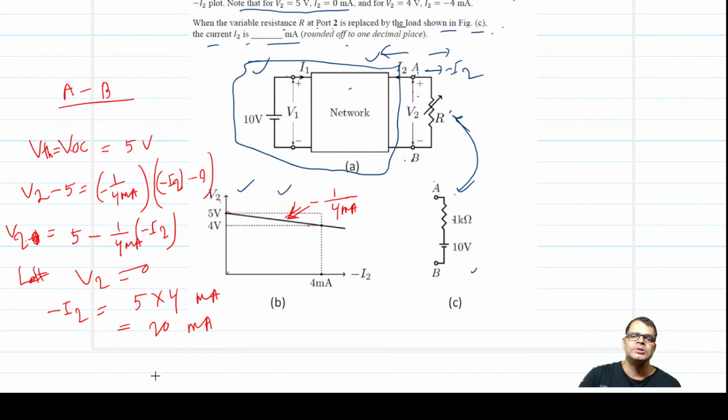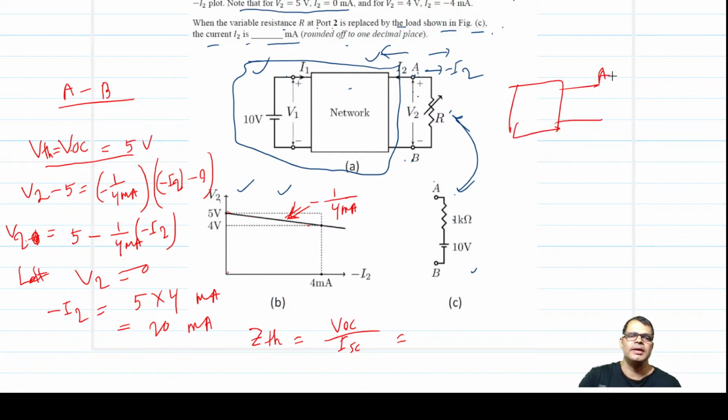One thing you remember: you have the VTH, and I have told you how to find the Thevenin resistance, open circuit voltage upon ISC. That means a network has been given, at the same points A and B, this is your open circuit voltage, and we have now found the short circuit current.